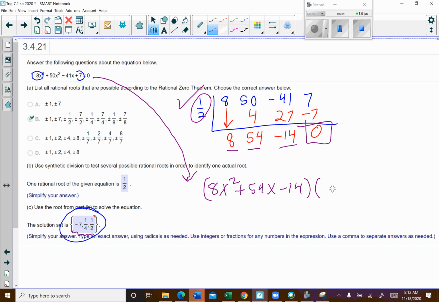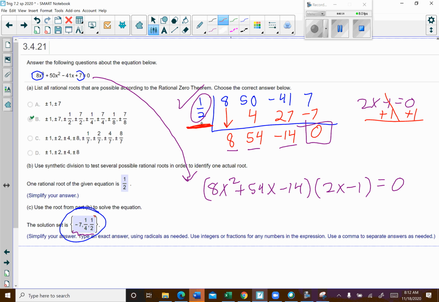As a factor, you can write it a couple different ways. I'm going to write it as 2x minus 1, okay? And where I'm getting that from is because if I take 2x minus 1, set that equal to 0, and solve that, I would add 1, and then divide by 2, and that's where the 1/2 is coming from.